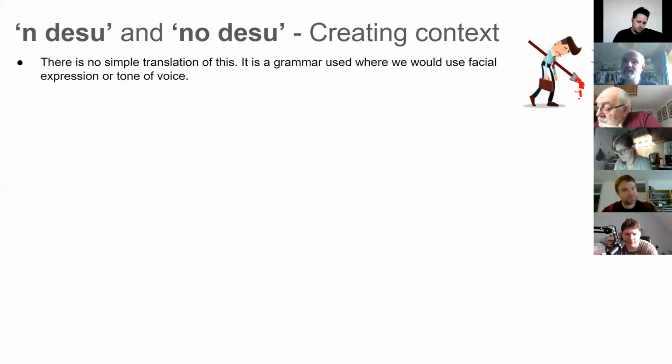There's no grammatical equivalent to this. In non-Japanese languages, we quite often use facial expressions or tone of voice. But because Japanese is so sensitive to intonation to give the meaning of certain words, there's actually a grammatical form for doing this instead of using tone of voice or facial expression.